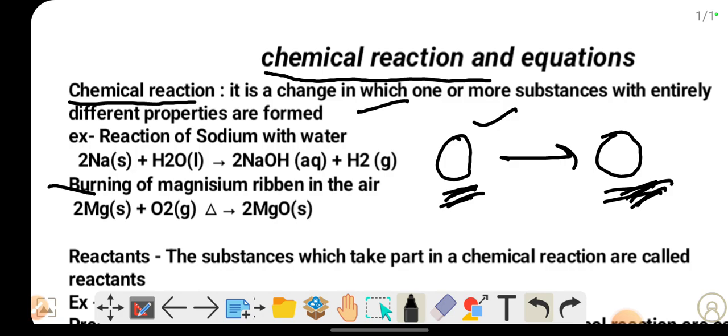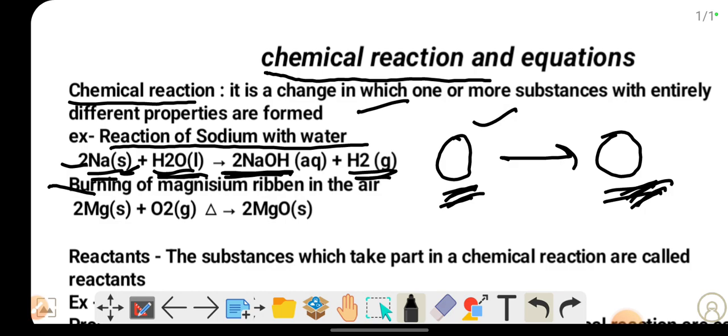Here I took some examples of chemical reactions, like the reaction of sodium with water. This is sodium in solid state, and when sodium reacts with water, sodium hydroxide is formed. This compound is known as sodium hydroxide, and hydrogen. So this is a chemical reaction. See, sodium is a metal and water is a liquid.